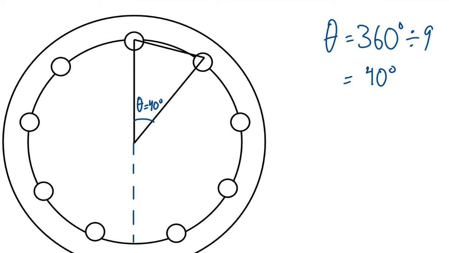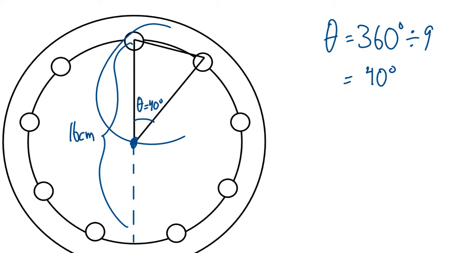So this is the center of the circle. Diameter is all the way across. So that is 16 centimeters. That's not directly useful to us, but how can we use that to talk about our triangle that we're actually trying to work with?